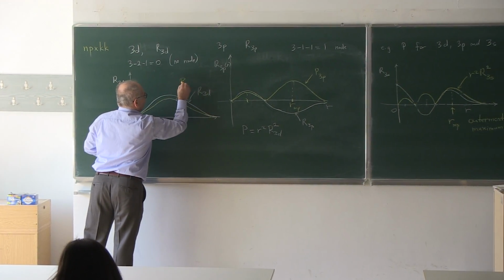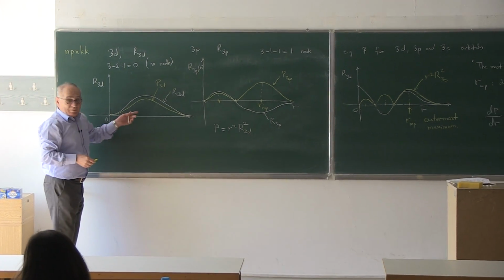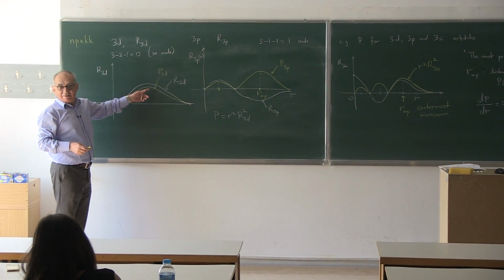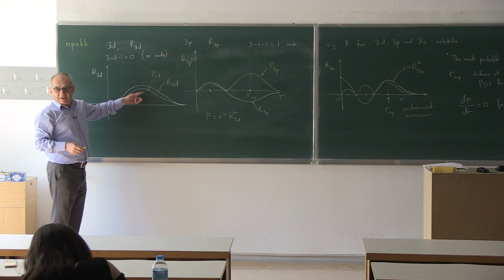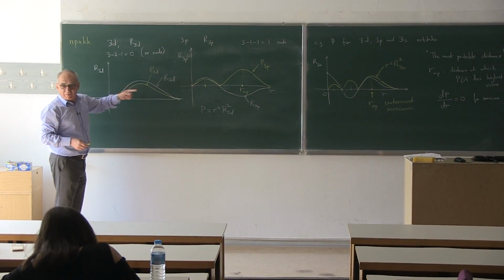This is P. So how many maxima has this function? From the graph you see, only one, isn't it?